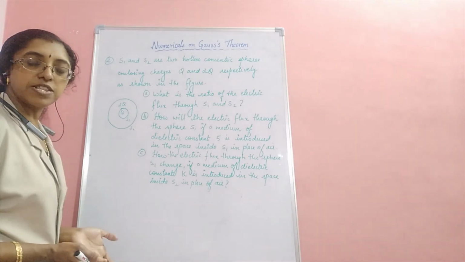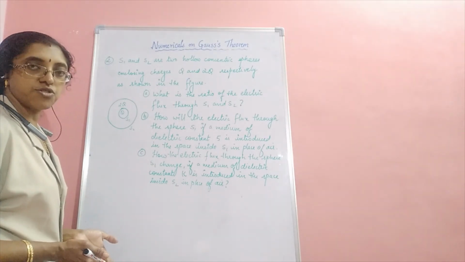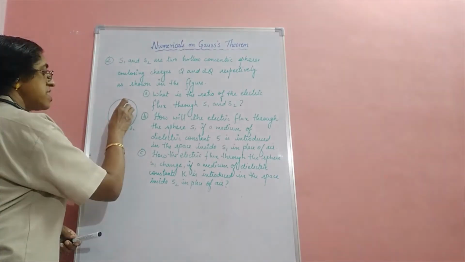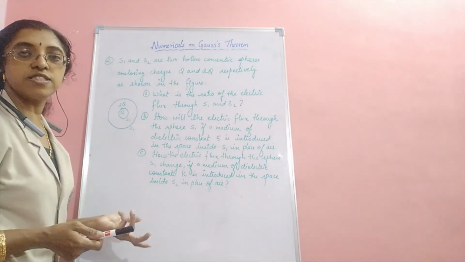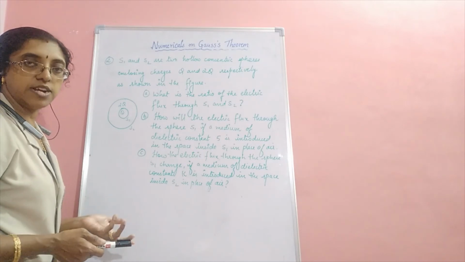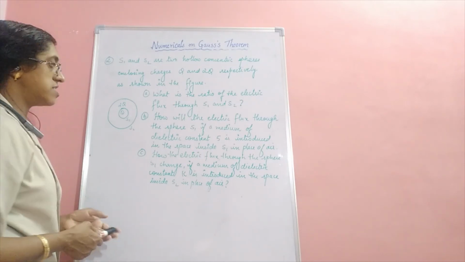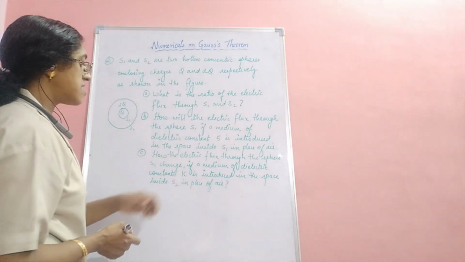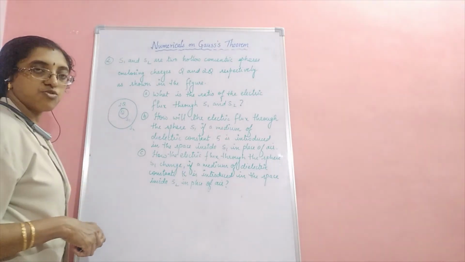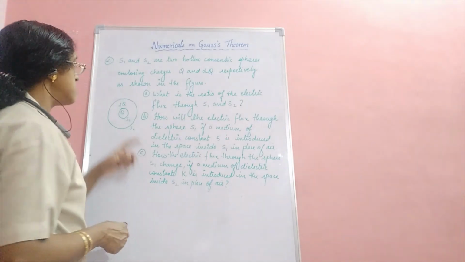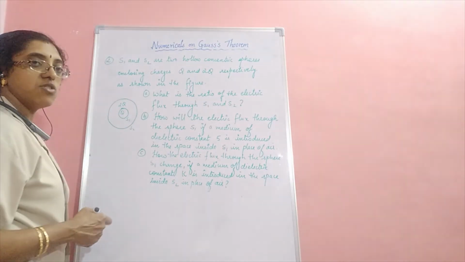Now the flux depends upon the net charge that is enclosed, right? Now S1 has got no relation with S2. Wherever the dielectric constant is placed outside, it doesn't affect it. Hence, placing a dielectric constant K in the space of S2 doesn't affect the electric flux through S1.